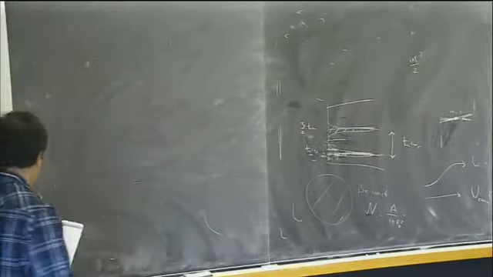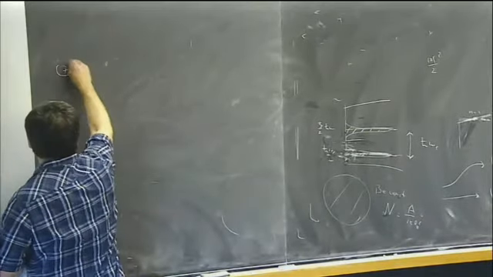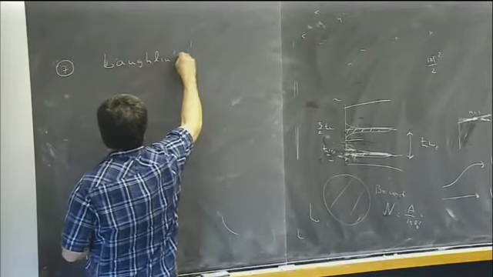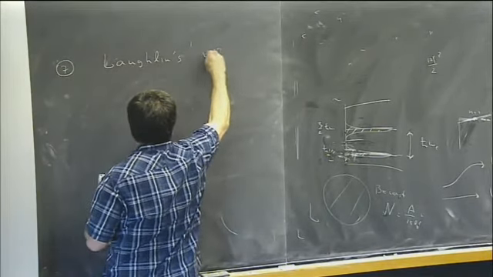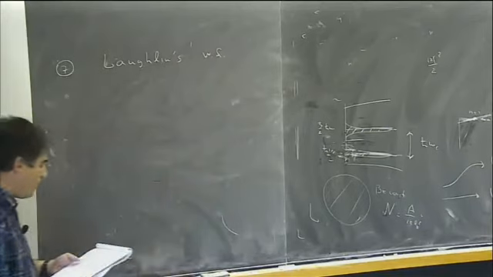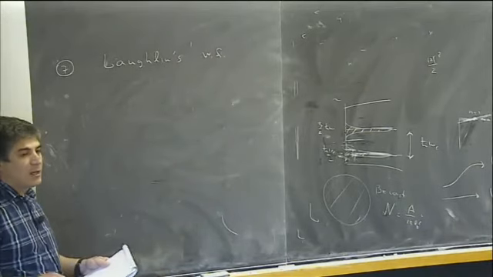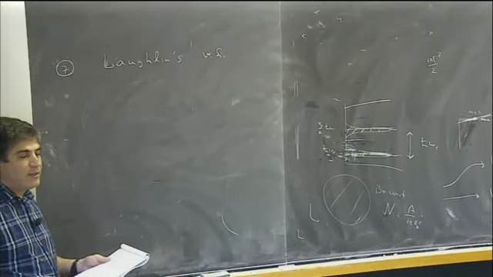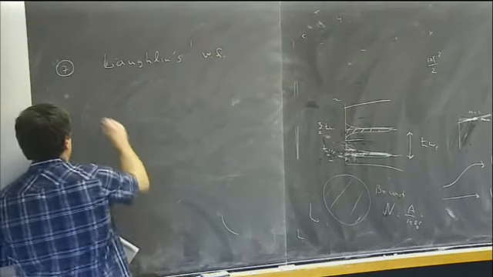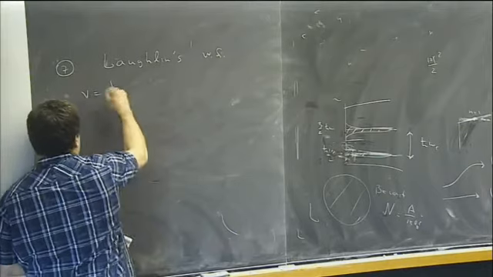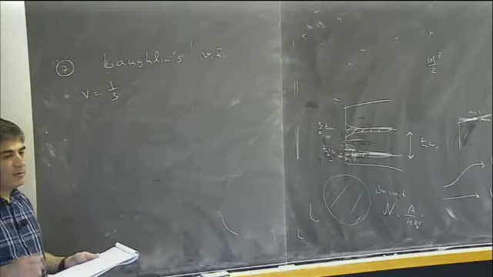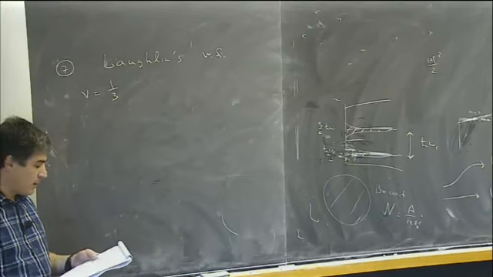Okay, then Laughlin's state wave function. What Laughlin wanted to do is write the wave function of the ground state at filling 1/3. So I have 3 times more spaces for electrons than electrons.